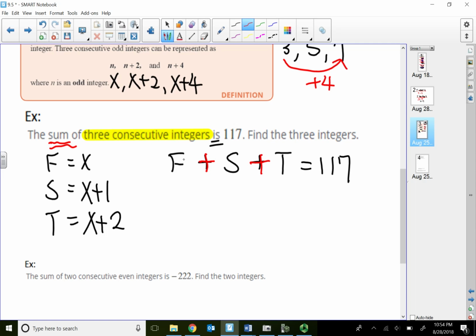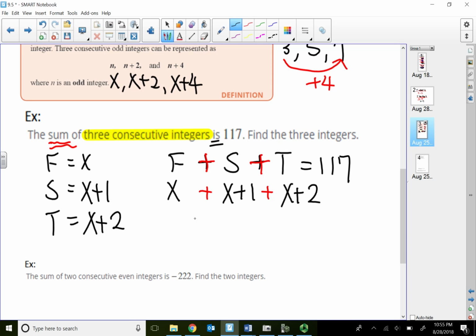All right, the first integer, remember, was x, plus the second integer. The sum of three of them. My second integer is x plus 1, right? So these two terms are representing the second integer plus the third one, which is x plus 2. So basically, I still have the same three integers, or the same three terms, on the left side.